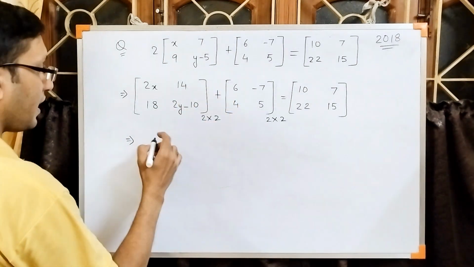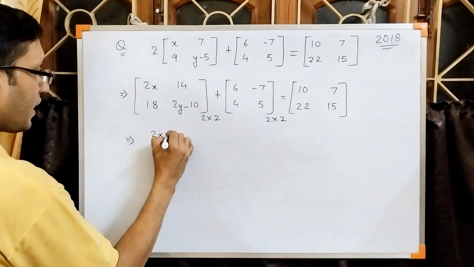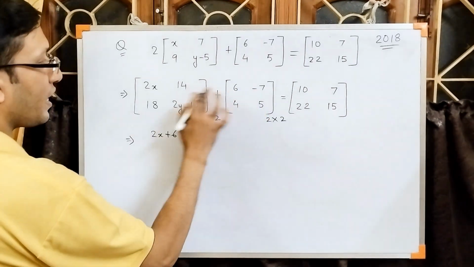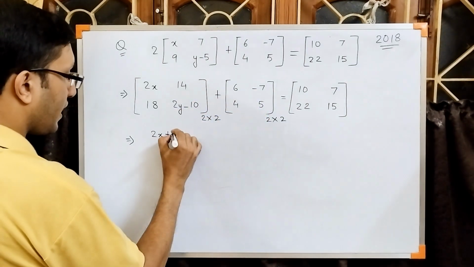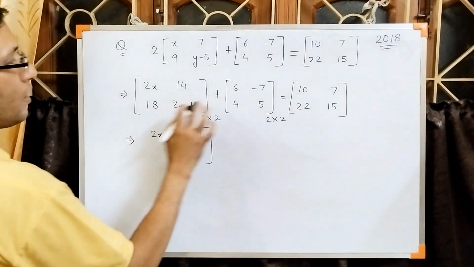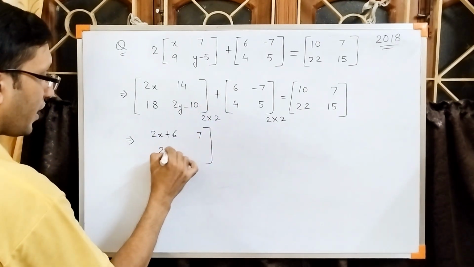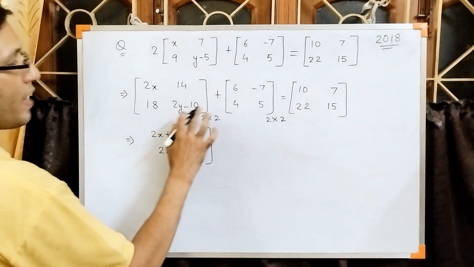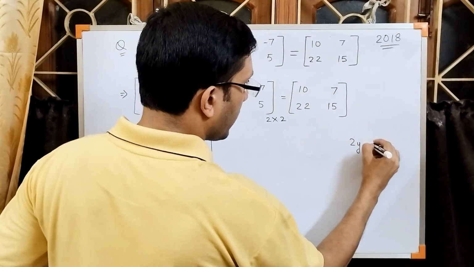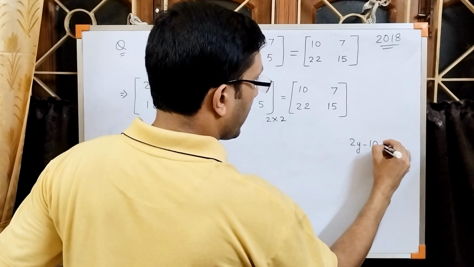So 2x plus 6 remains as 2x plus 6. 14 plus of minus 7, that is 14 minus 7, we get it as 7. 18 plus 4, that is 22. 2y minus 10 plus 5, it is something like this, 2y minus 10 plus 5.